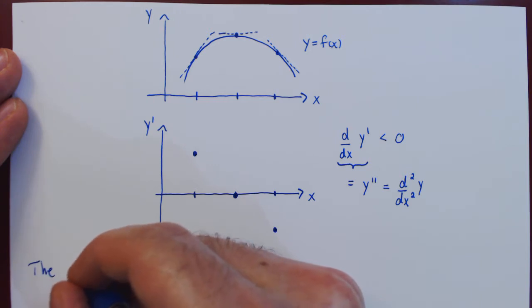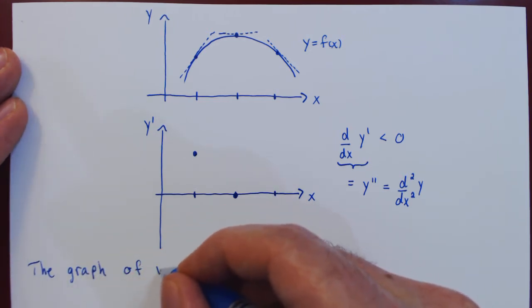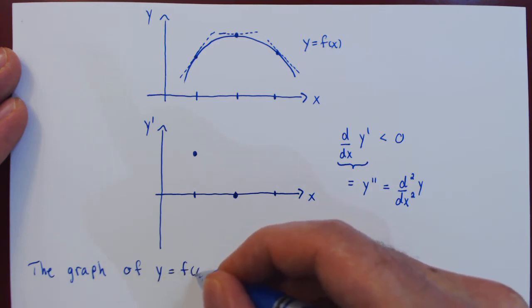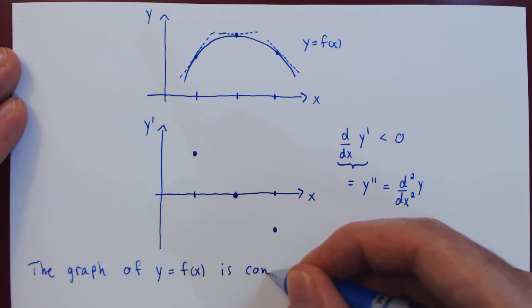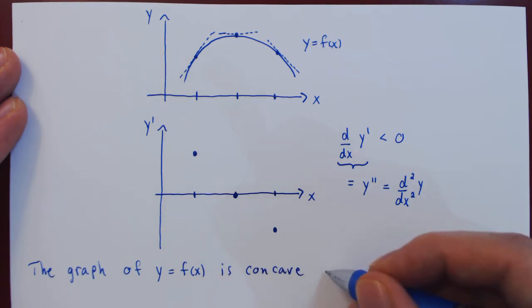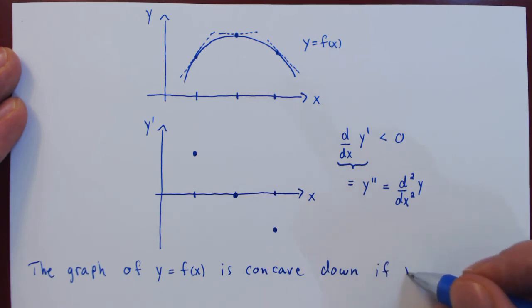So the graph of any function y equals f of x is concave down if the second derivative of the function is negative. And that's it.